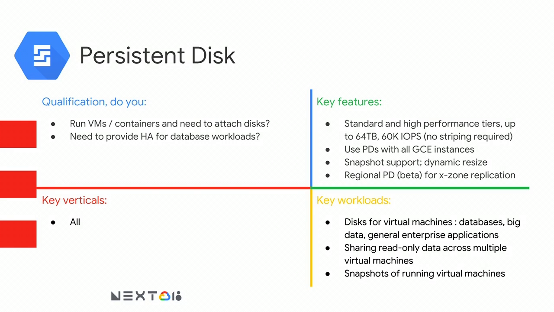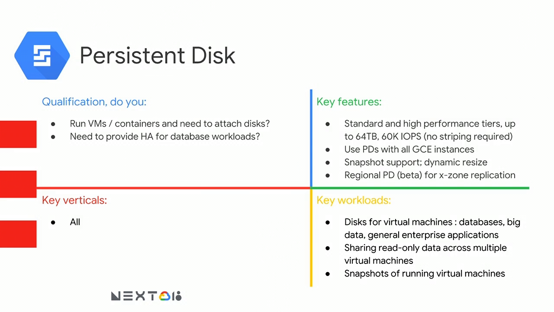We provide it as a single zonal product, and we've just also recently announced a beta of what we call regional persistent disk, which replicates the data synchronously between 2 zones within a region, which is super important for workloads like databases, where you might want to think about high availability and failover of the database instance.